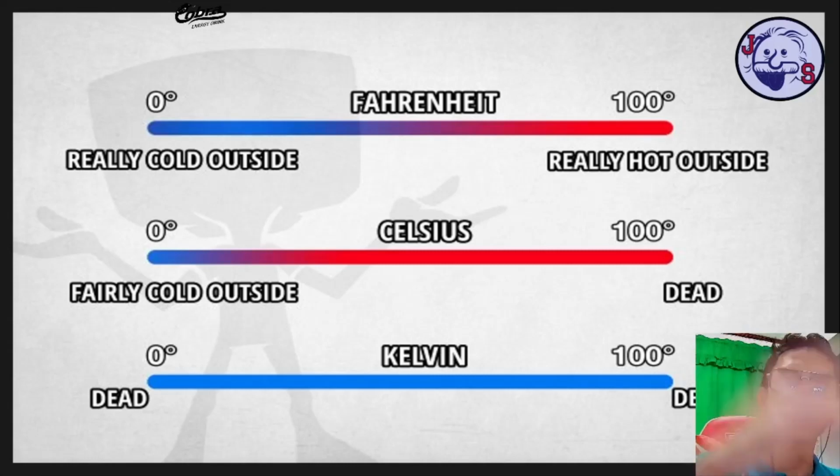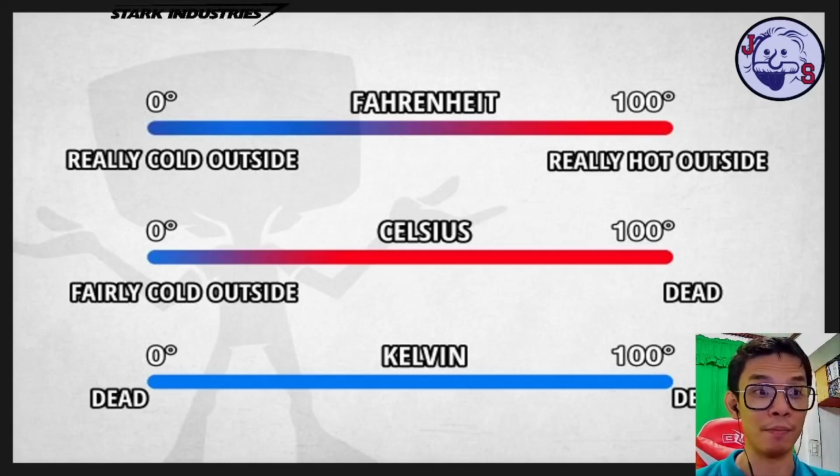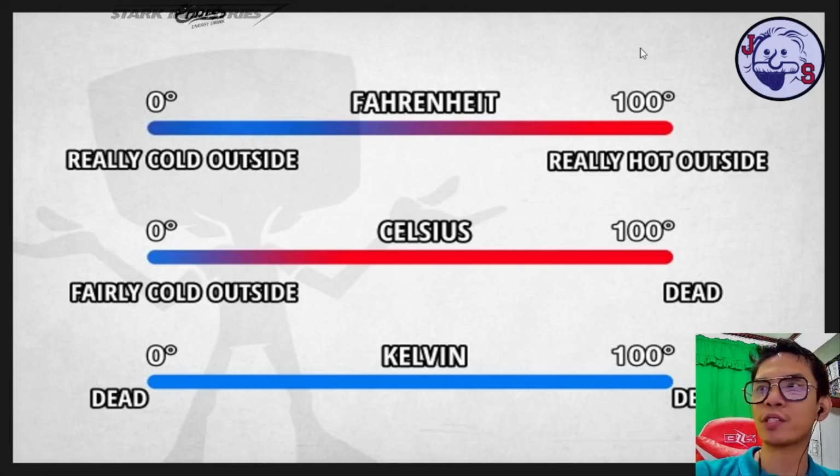So 0 degrees Fahrenheit, based on the description, is really cold outside. When we talk about 100 degrees Fahrenheit, it is really hot outside.